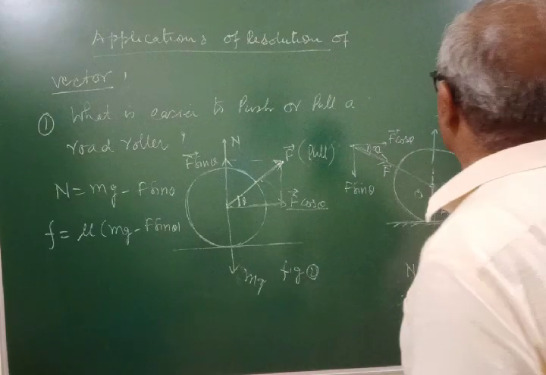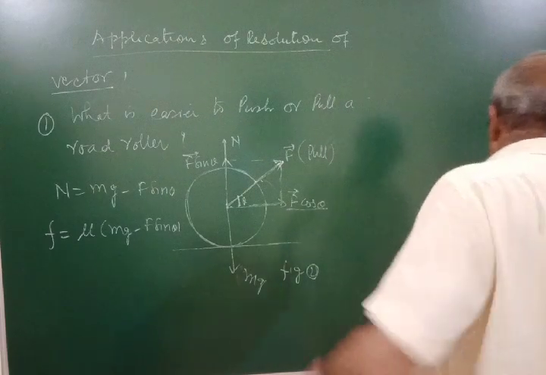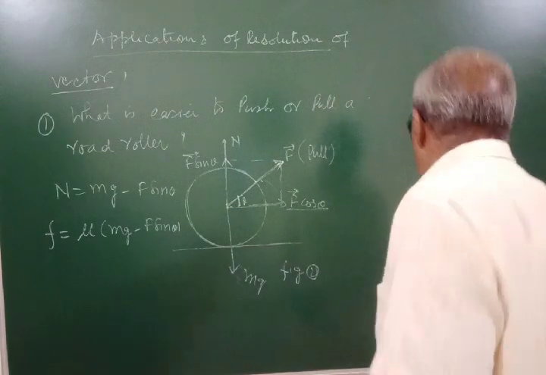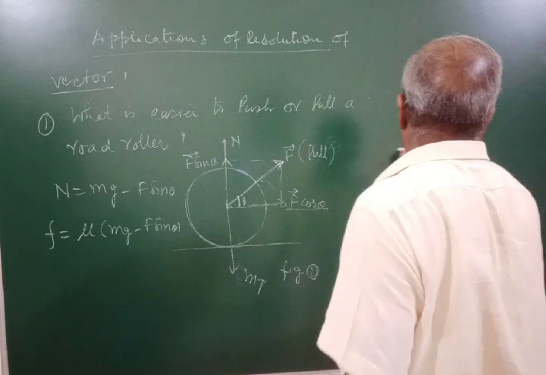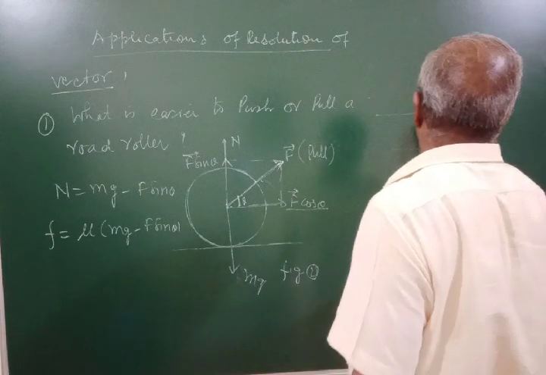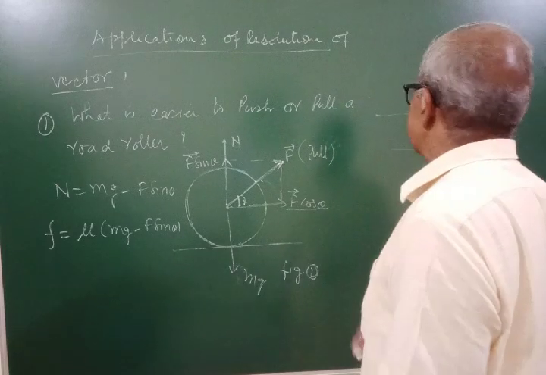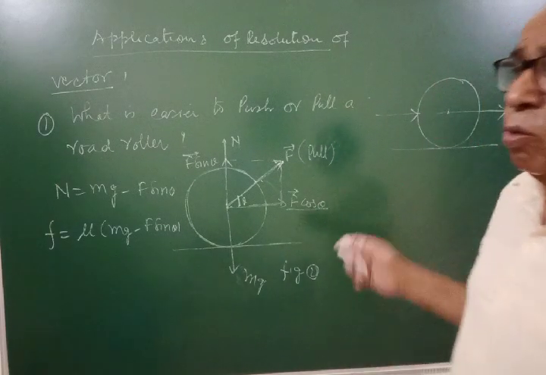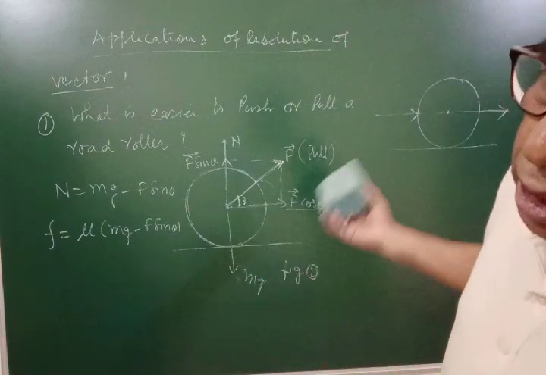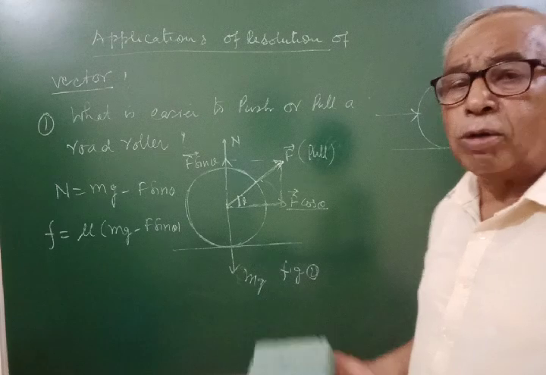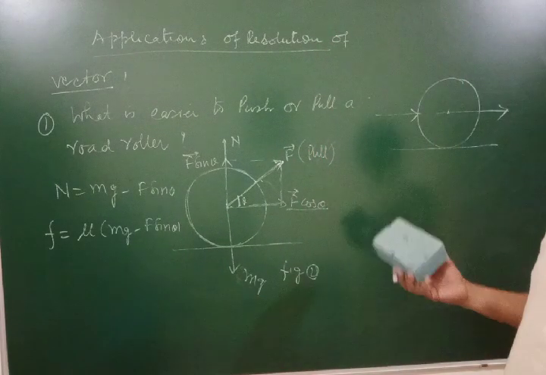But a very important thing: whether you push or pull, if the force on the roller is exactly parallel to the horizontal ground, passing through the center, then it has no vertical component. In this case it is equal whether you push or pull. I think it must be very clear to you.